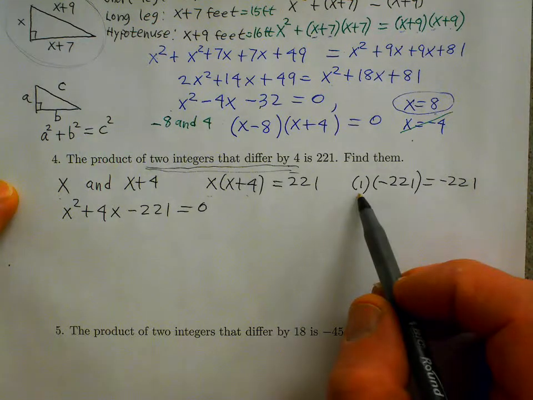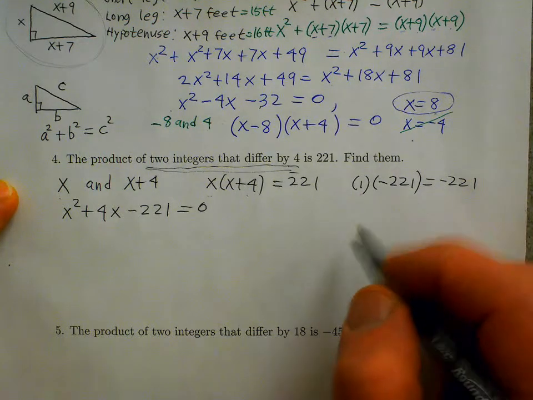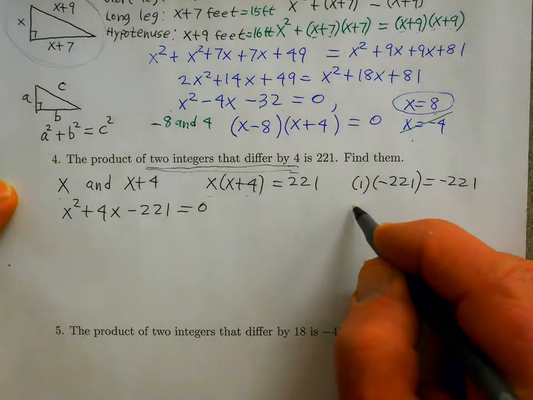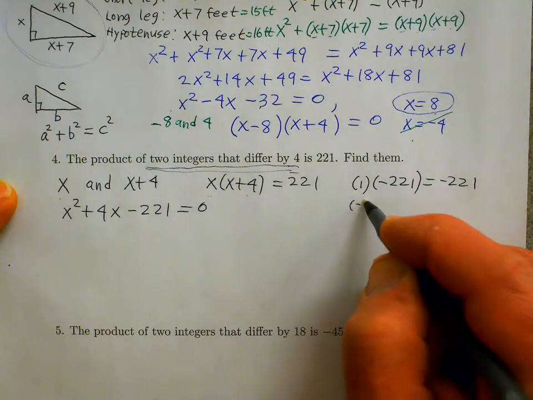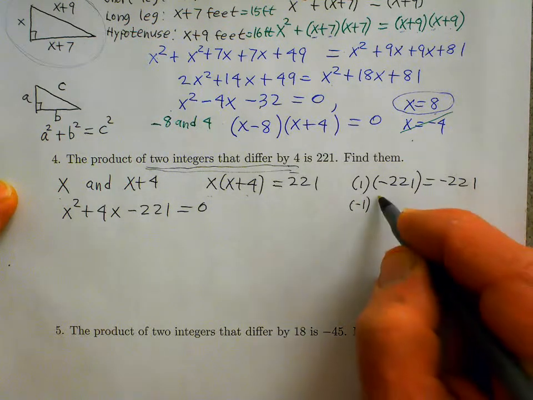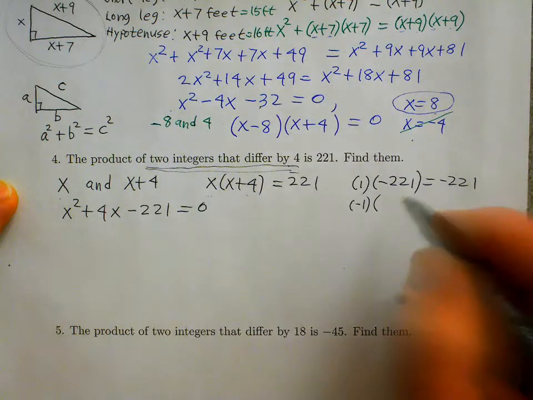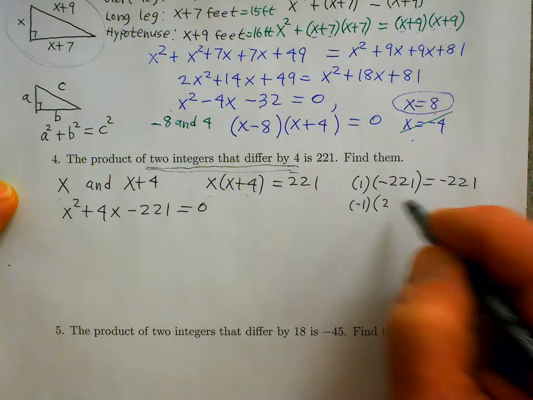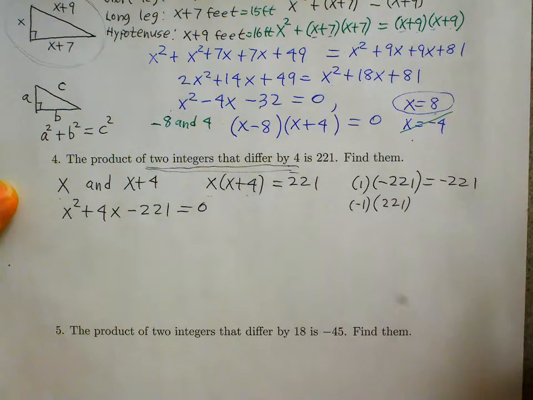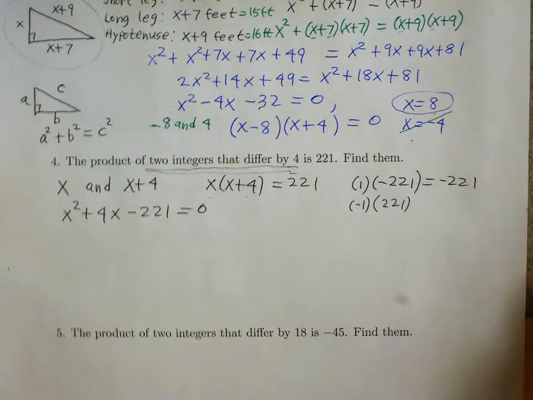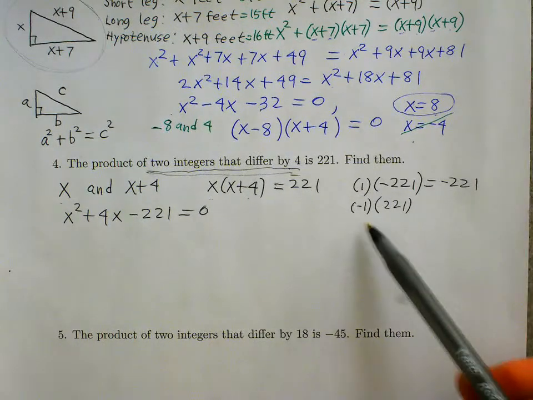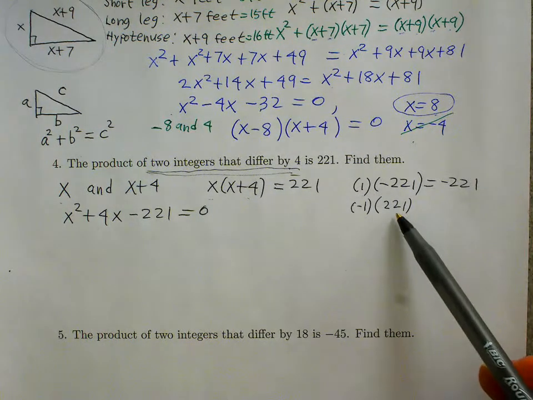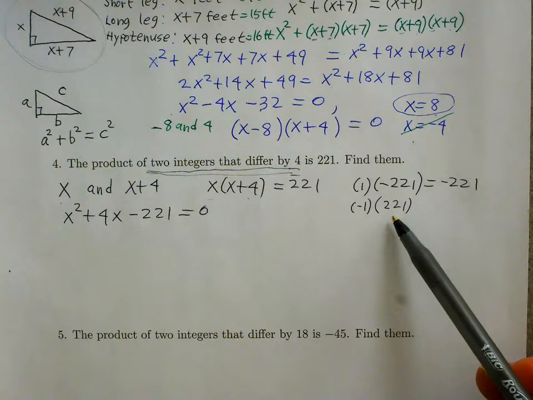Okay, so at the extremes, we want the one with the largest absolute value to be positive, because they have to add up to positive. So negative 1 times 221. Negative 2 is not a factor. Negative 3 is not a factor. Negative 4 is not a factor.